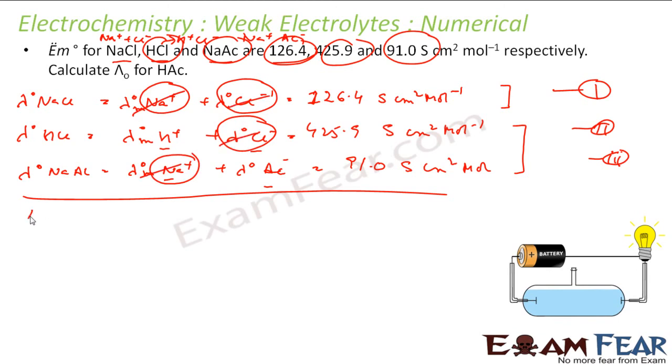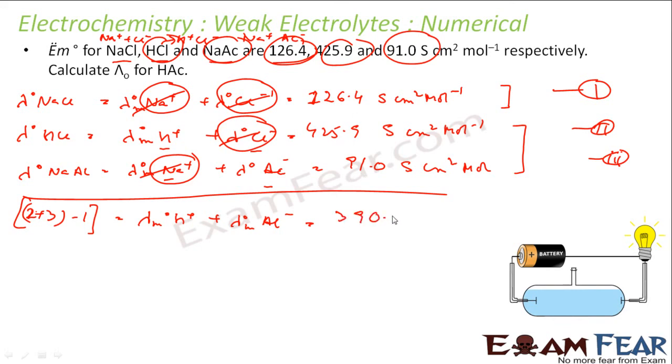So I am adding 2 and 3, and from that subtracting the first equation. The whole equation I'll get is lambda m naught of H+ plus lambda m naught of Ac-, and the value is 425.9 plus 91 minus 126.4. If you solve this, you get 390.5, and the unit will be S cm square per mole.